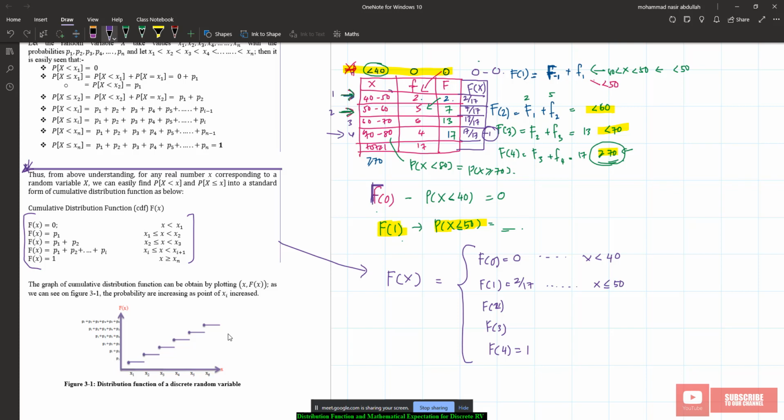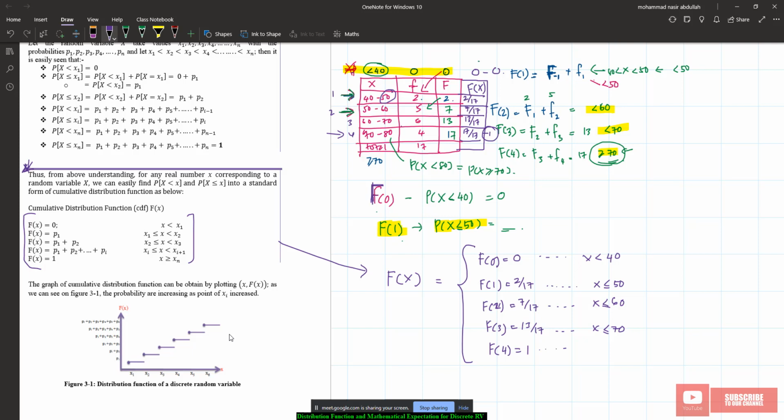Kita ambil the concept of less than. And number 2 is 7 over 17. It should be X less than or equal to 60. And number 3 is 13 over 17, X is less than or equal to 70.